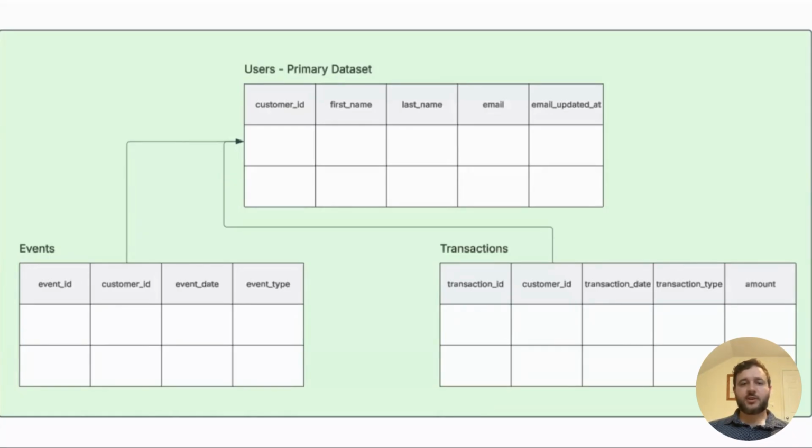With that said, there are some best practices in order for marketers to get the best user experience when segmenting audiences and building journeys, but also to reduce the compute of your cloud data warehouse. So here on the screen, I just have a few simple tables. I have my users, my events, and my transactions.